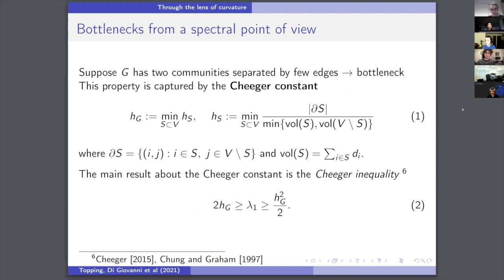The Jaeger constant is also global, right? The actual Jaeger constant is just a number associated with your graph, just a scalar. And essentially, it's controlling the spectral gap.